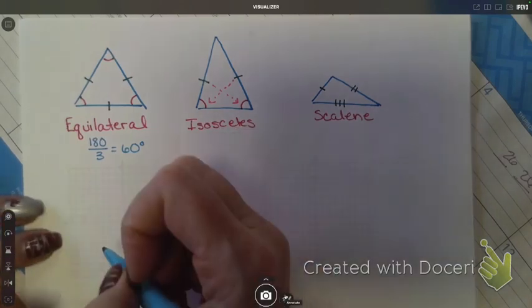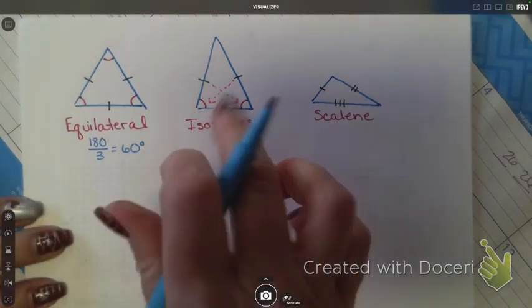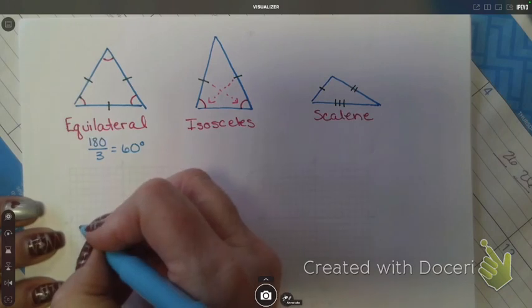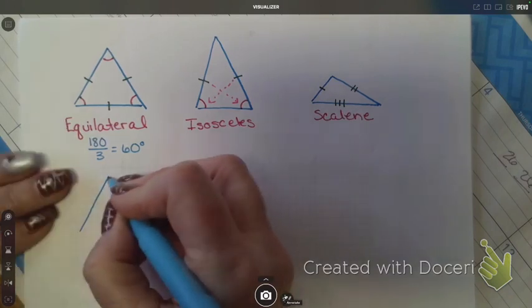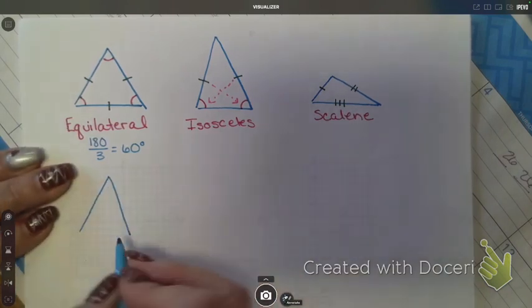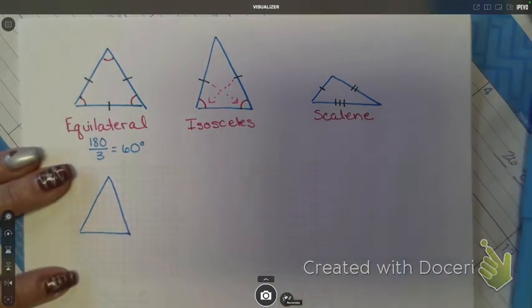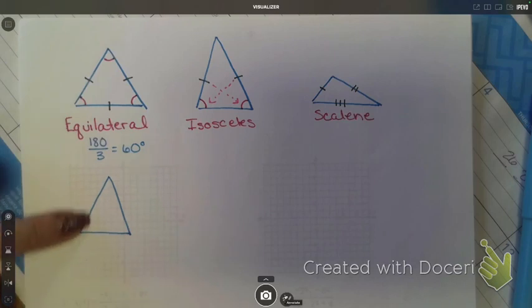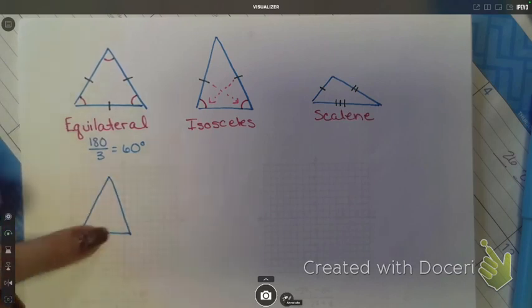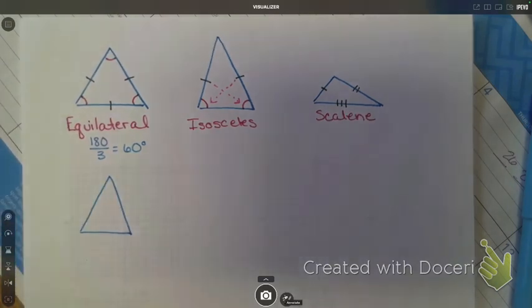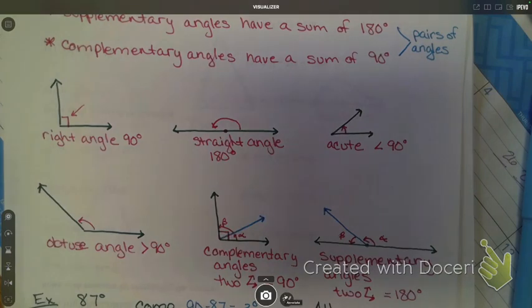Okay, so an isosceles triangle can also be a what triangle? What do you notice about all these angles? They look the same. How would you describe those angles? Congruent. And how would you describe the angles of that triangle?